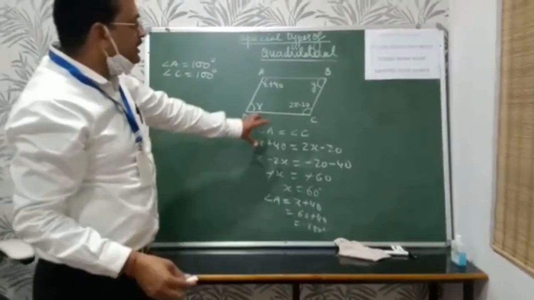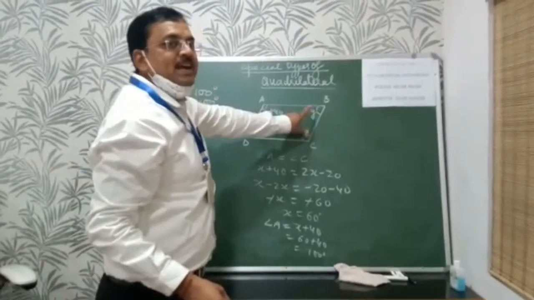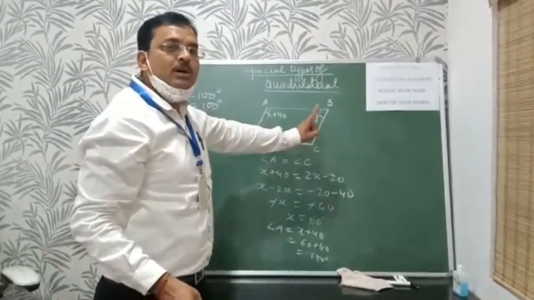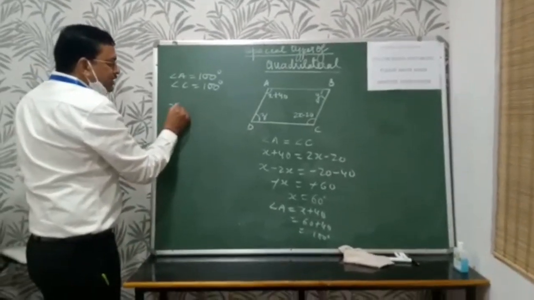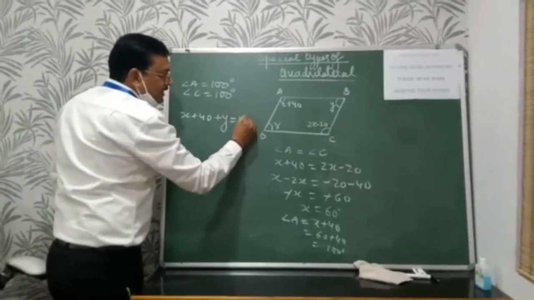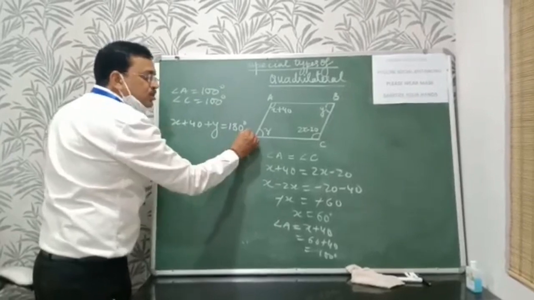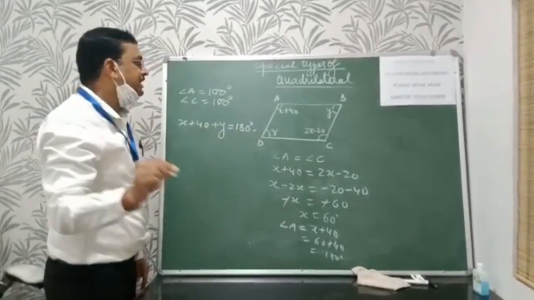We know that angles A and B are adjacent angles, and the sum of adjacent angles is equal to 180 degrees. So x plus 40 plus y is equal to 180 degrees, because the sum of adjacent angles is 180 degrees.